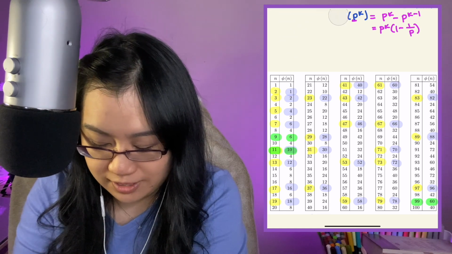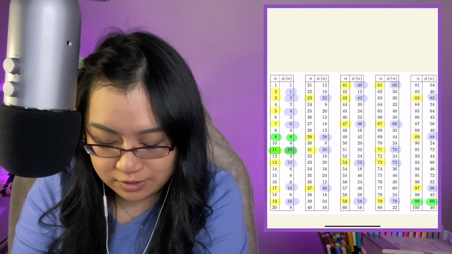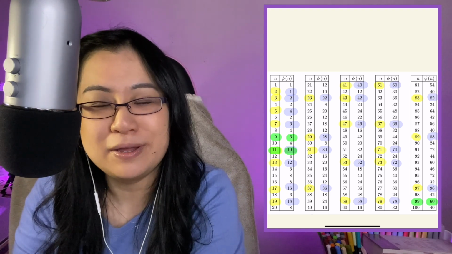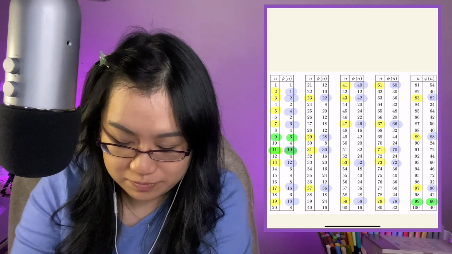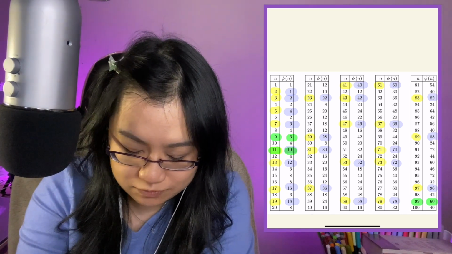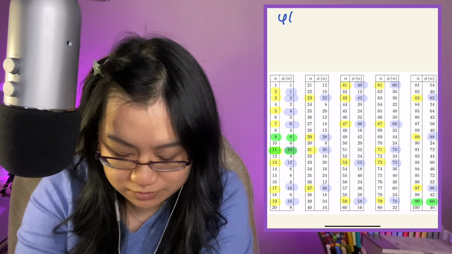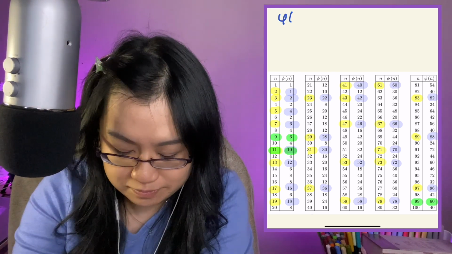Okay, and now for the fun formula. It's actually very similar to the power of a prime number formula, but let us write this out. It's actually so cool because it applies for all of these numbers.